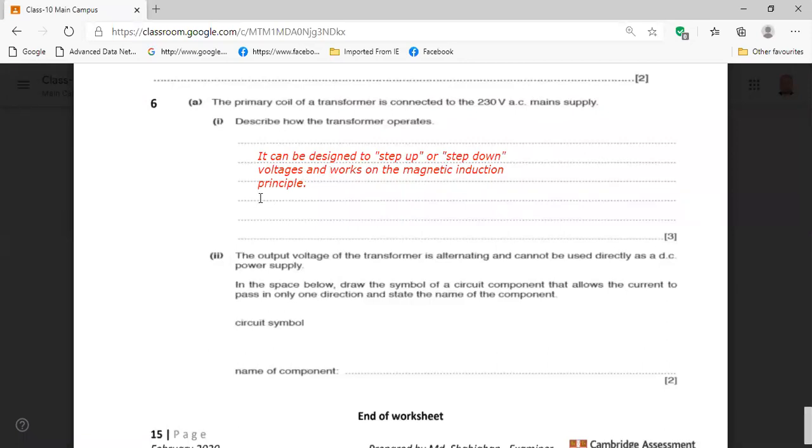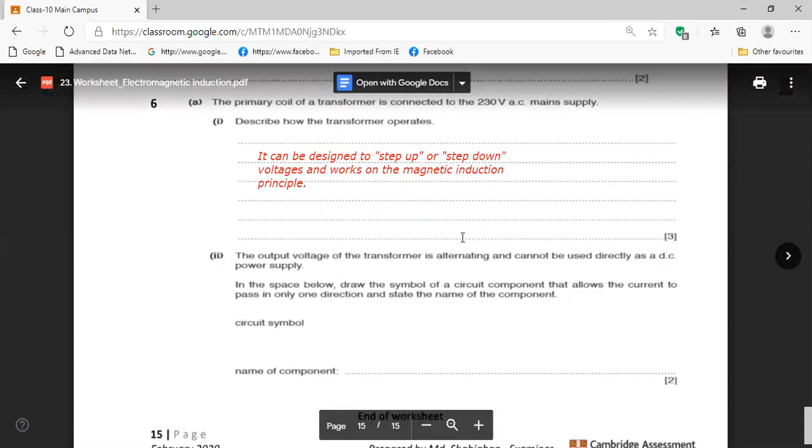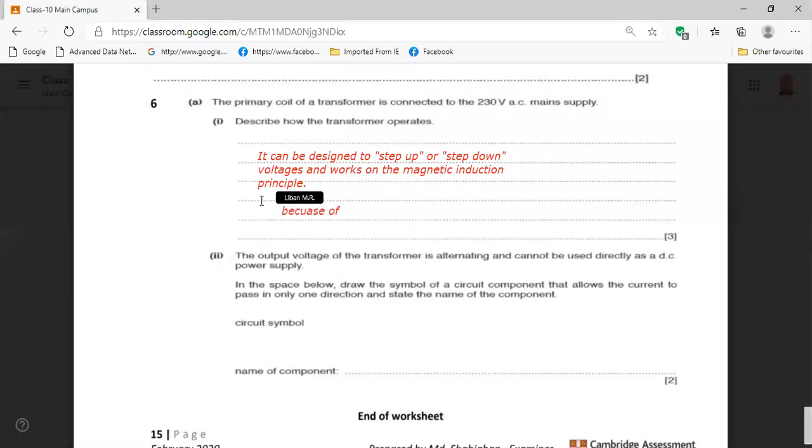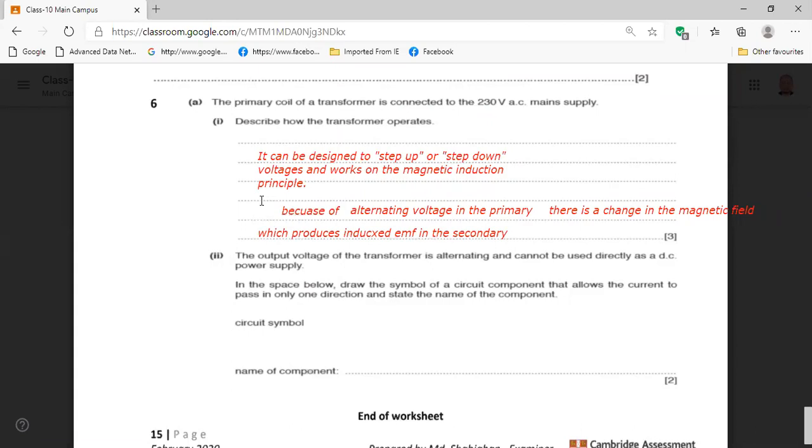Then you add what I said: because of alternating voltage in the primary, there is change in magnetic field which produces induced EMF in the secondary according to the number of turns.